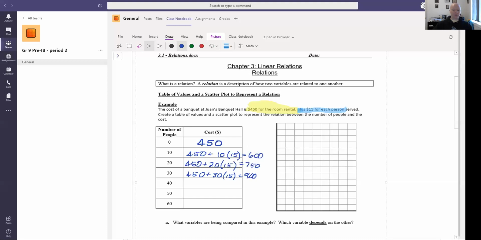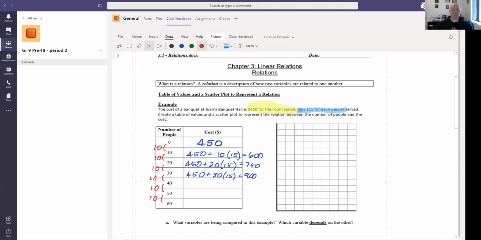And this pattern is going to continue because each time we're increasing by 10 attendees. So the common difference in the number of people attending is 10 each time. So the pattern of increase for the total cost is going to increase as well.